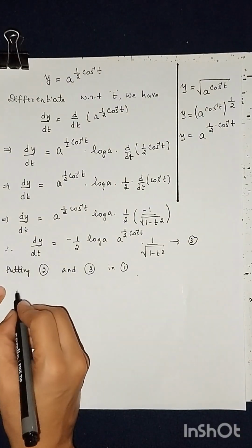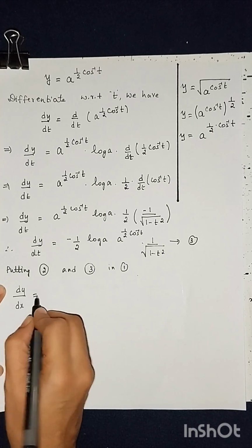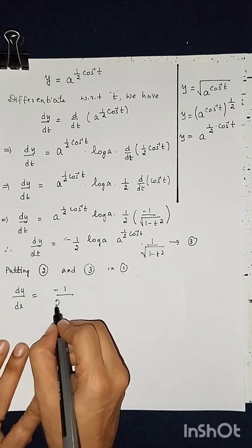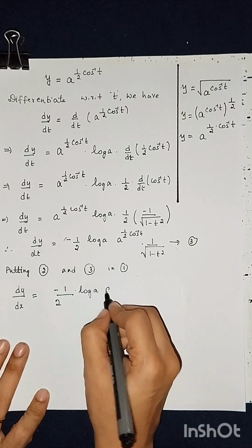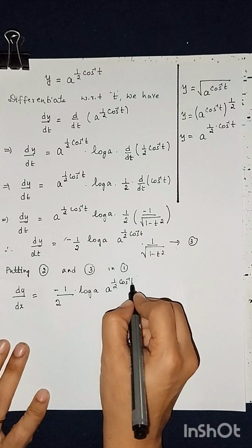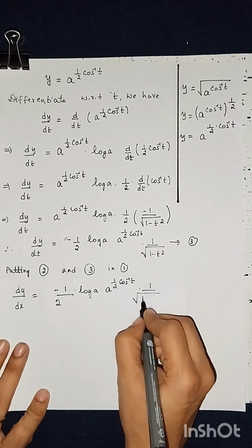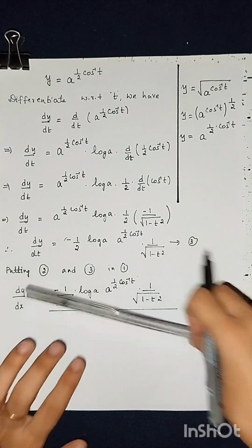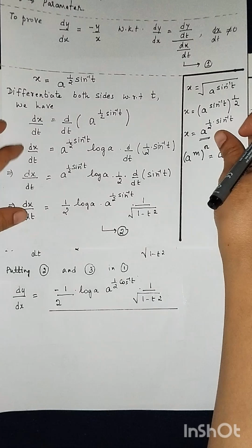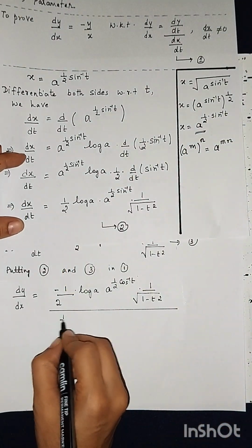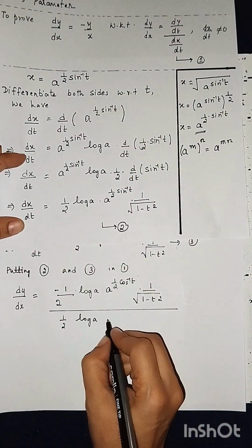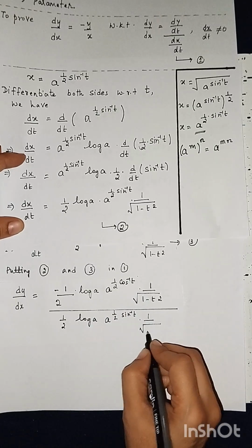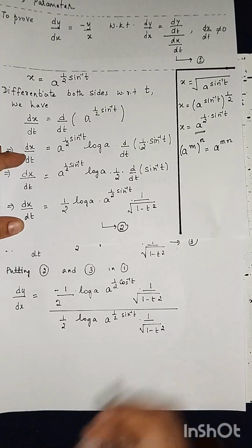So this dy by dx is equal to, first we will substitute dy by dt, that is minus 1 by 2 into log a to the power 1 by 2 cos inverse t, 1 by square root of 1 minus t square, divided by dx by dt. So dx by dt is 1 by 2 log a to the power 1 by 2 sine inverse t, 1 divided by square root of 1 minus t square.